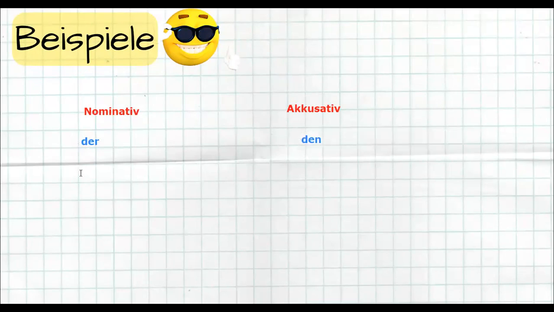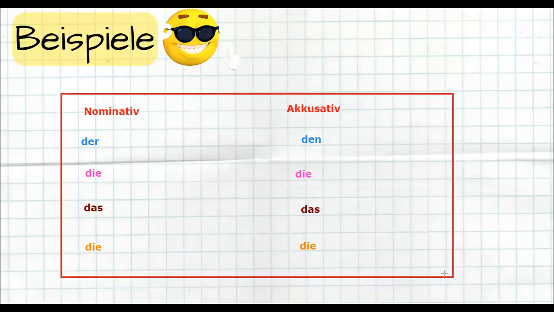Feminin, die, Akkusativ die. Neutrum, das, Akkusativ das. Und Plural, die und die. Richtig. Die und die. So you can do a chart like this, guys, because it really works.